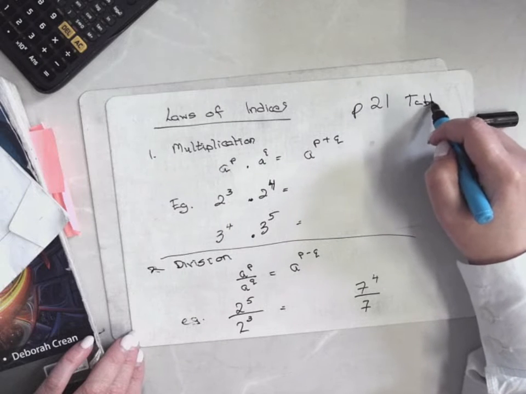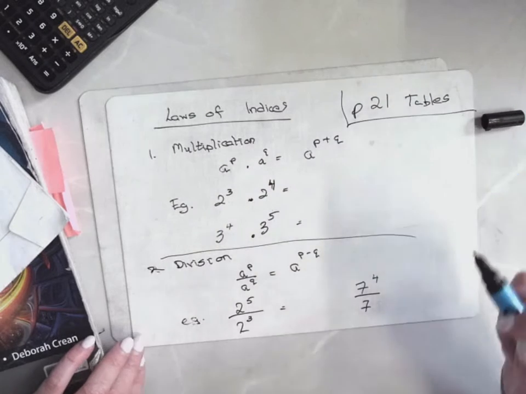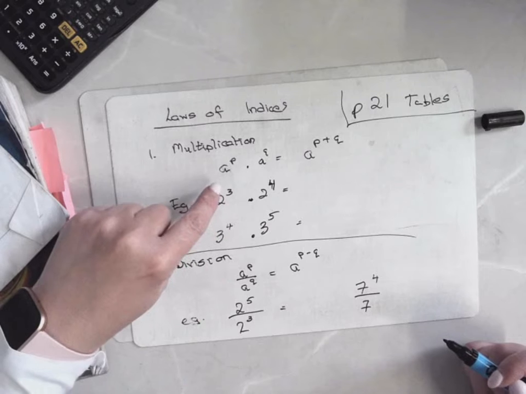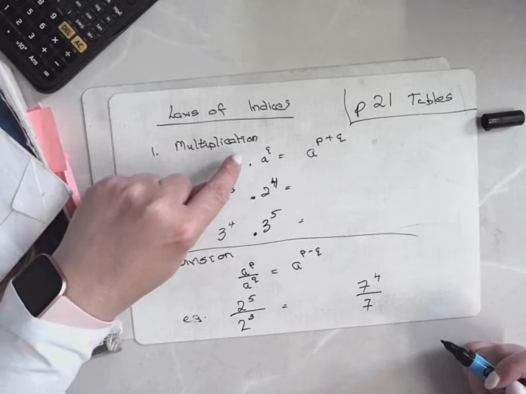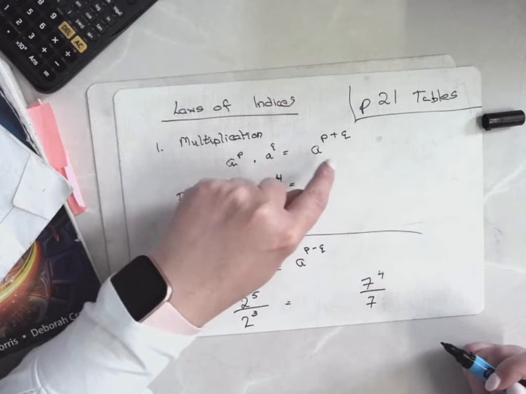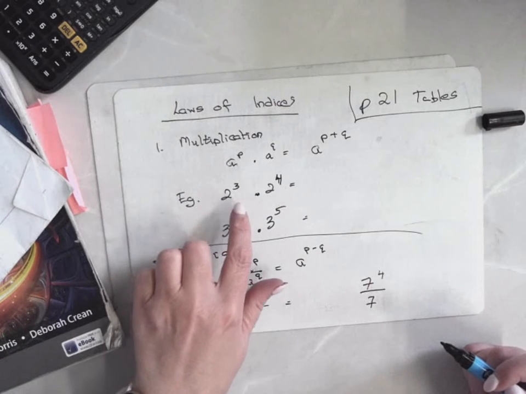Now, if you haven't seen it before, you won't know what it means. This is the way it's written in the log tables: a to the power of p multiplied by a to the power of q is a to the power of p plus q.